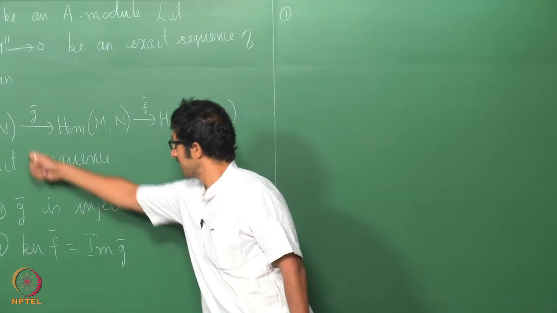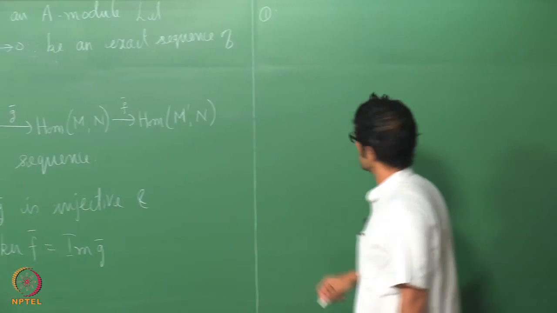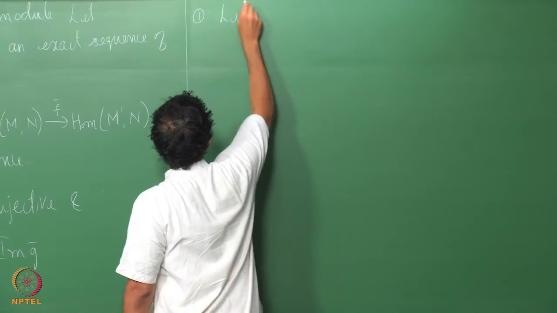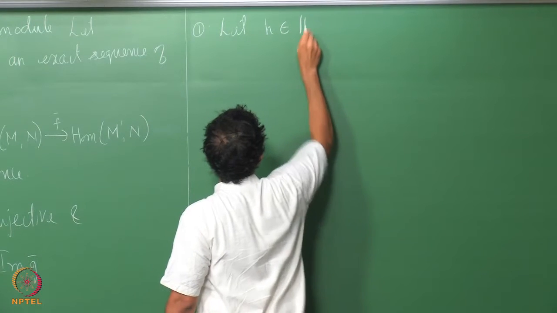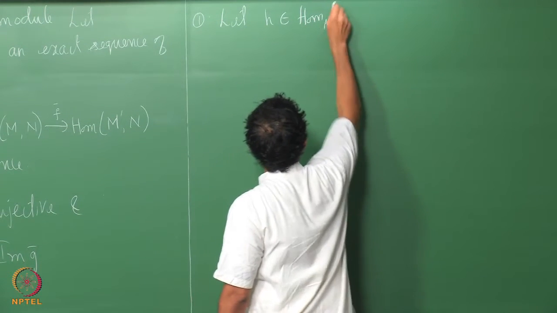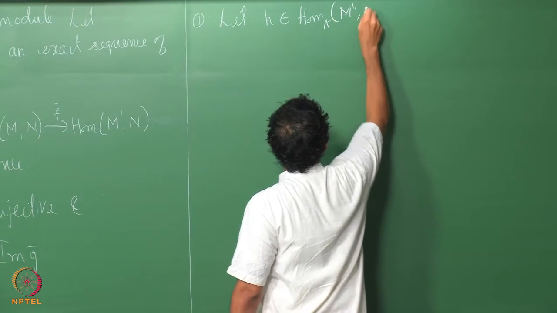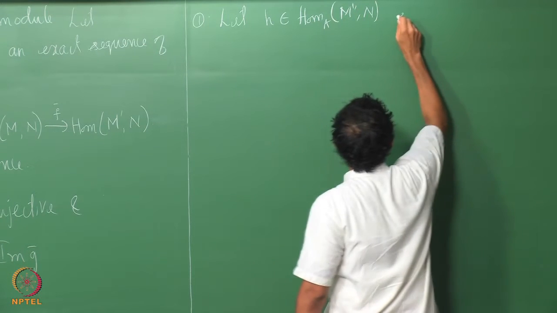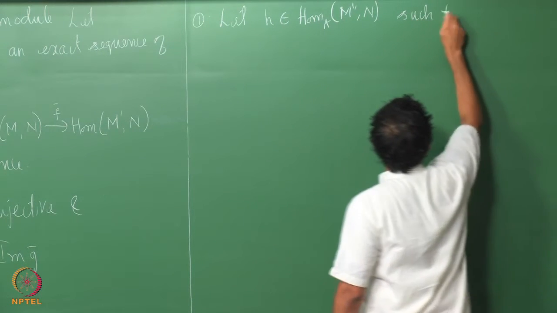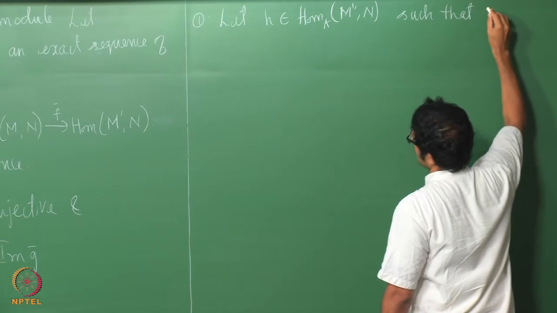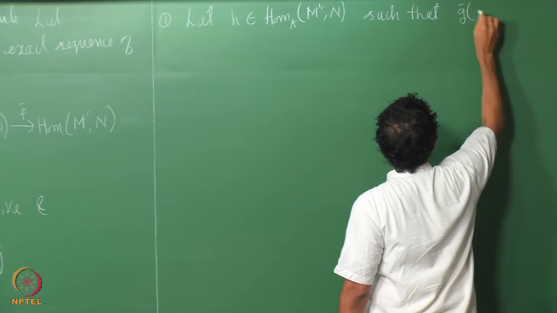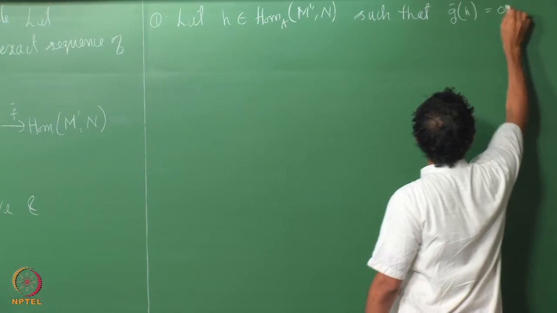Suppose g bar takes a homomorphism to 0. So let h be in Hom(M double prime, N) such that g bar of h is 0.